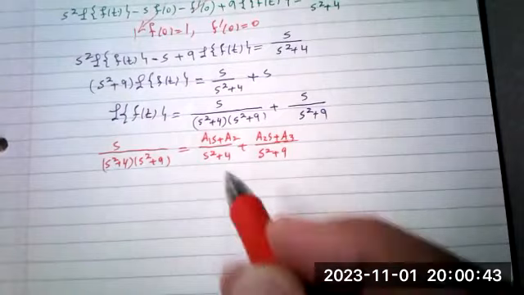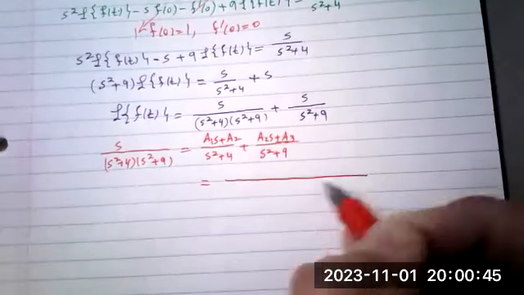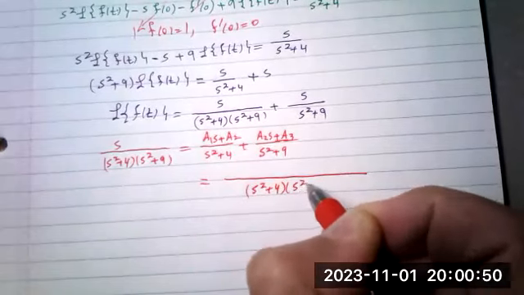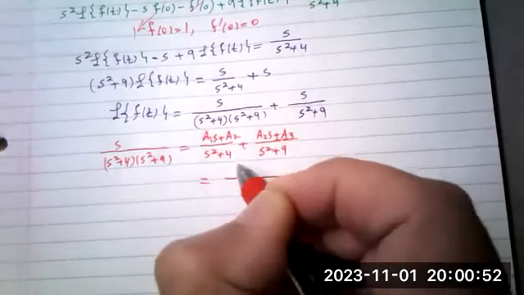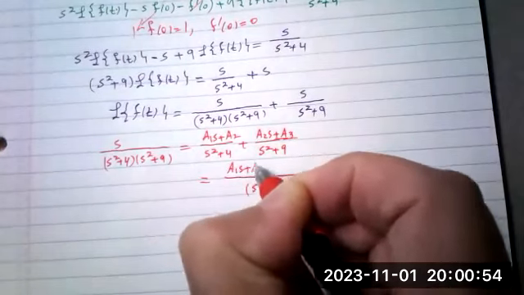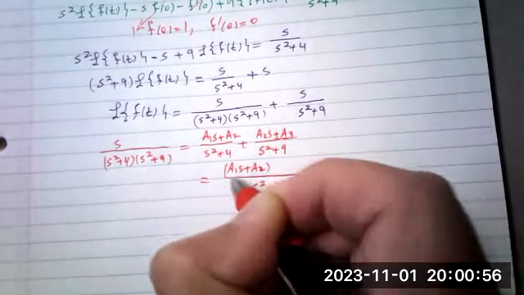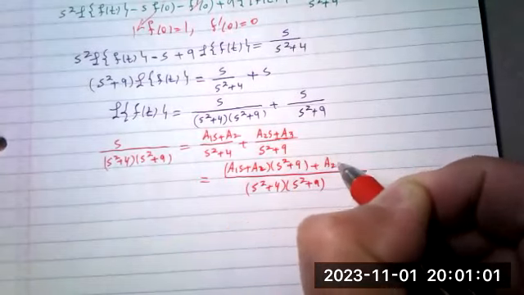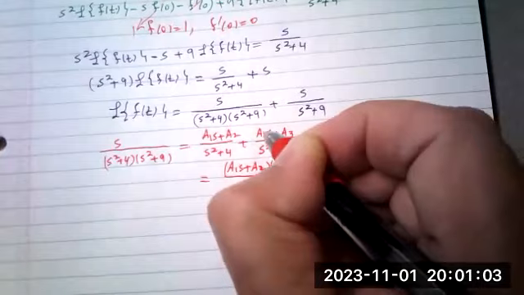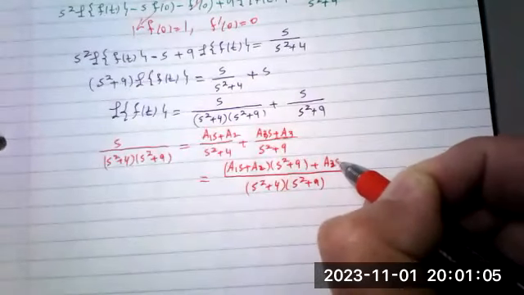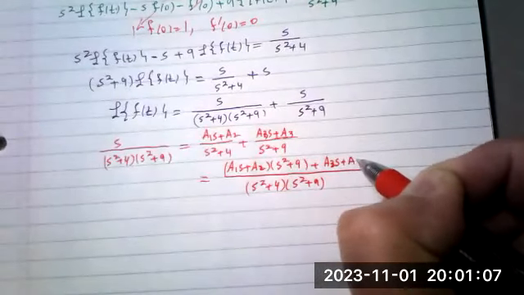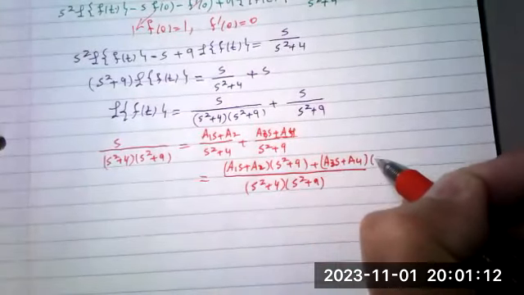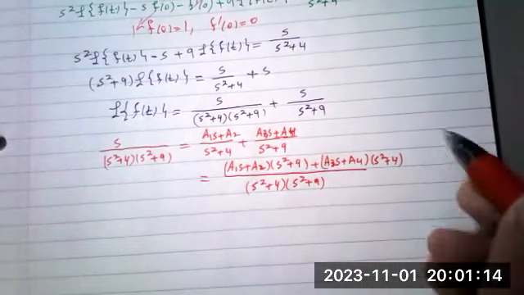So how are we going to find it? It's going to be s squared plus 4 times s squared plus 9. Now the top would be a1 s plus a2 times s squared plus 9, plus a3 s plus a4 times s squared plus 4.